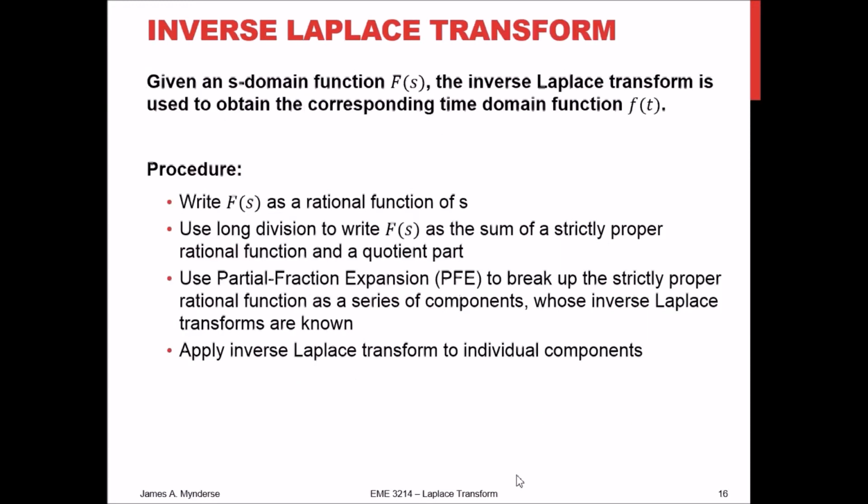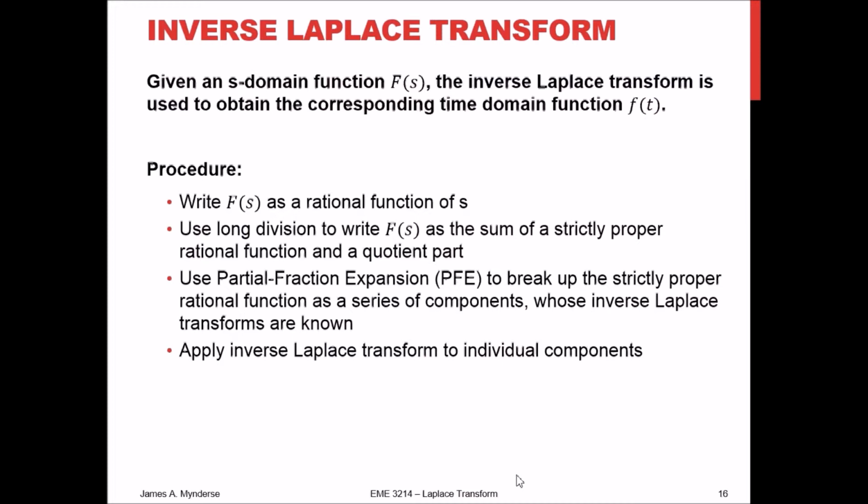The inverse Laplace transform. We're given some s-domain function, F of s, and we want to find the time domain function, f of t. We use the inverse Laplace transform. Here's the procedure. First, write that function F of s as a rational function, with a numerator and a denominator.